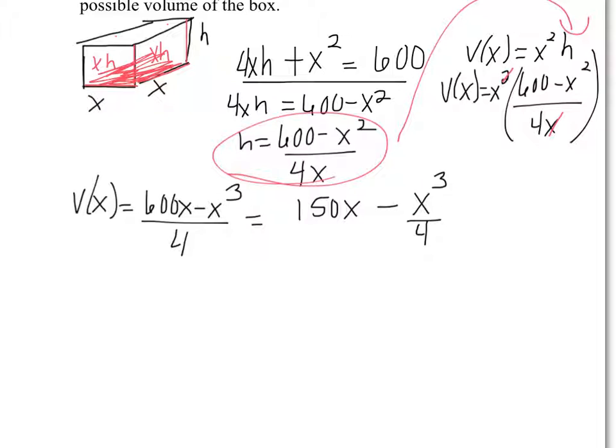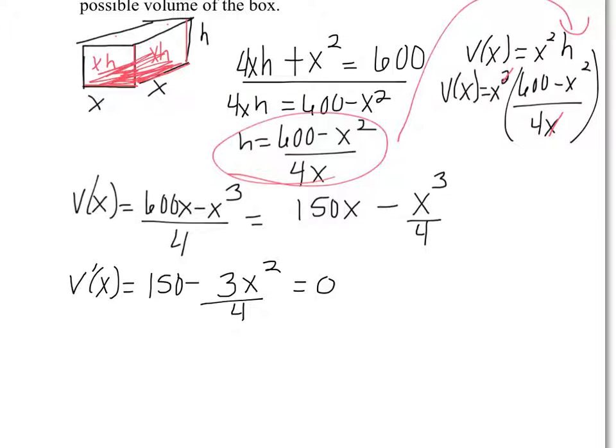All right, it is time for us to go ahead and take our derivative of the volume. So if we want to find this maximum value, the largest possible volume, I get 150 minus 3x squared over 4. And I want to set that equal to 0 as in past problems.